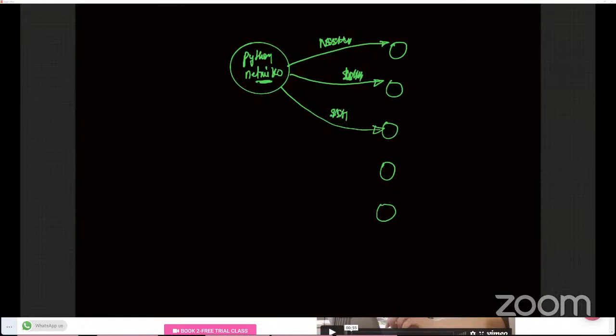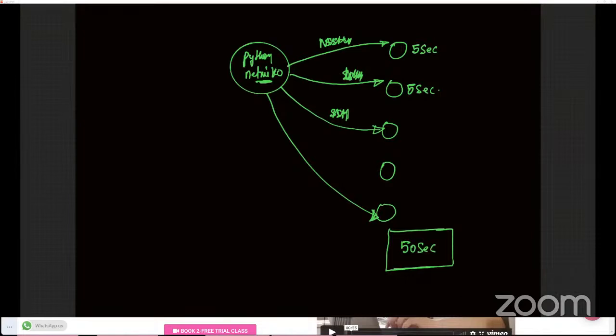So let's say the first device took 5 seconds, the second is taking 5 seconds. So you just add it. That would be the total time taken for the complete execution of the script. Let's say it took 50 seconds together for a total of 10 devices. Okay.